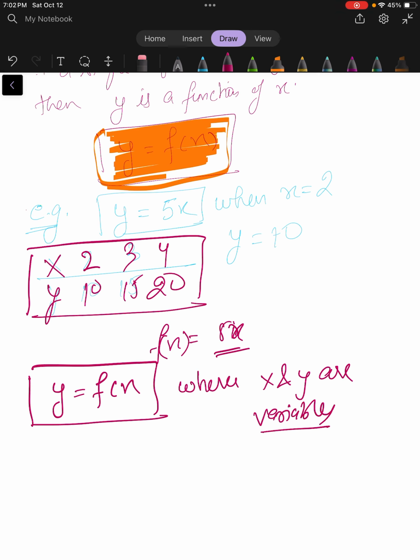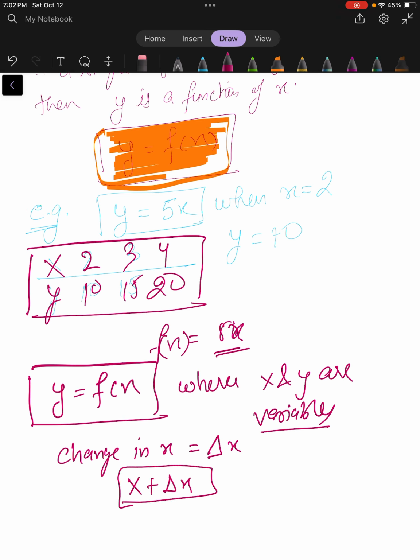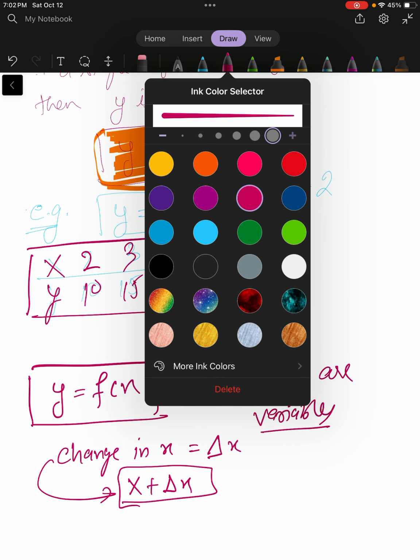Okay, let's consider there will be a change in the x. Change in x is denoted like this one. So when we say x plus delta x, this will be the change in x. So that will be defined as the change in the value of x.